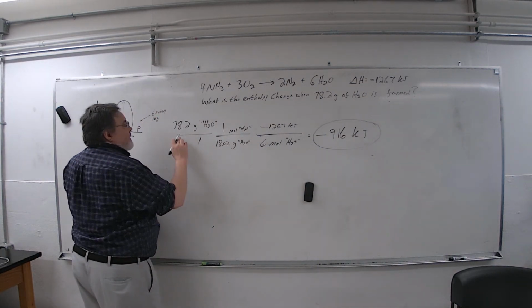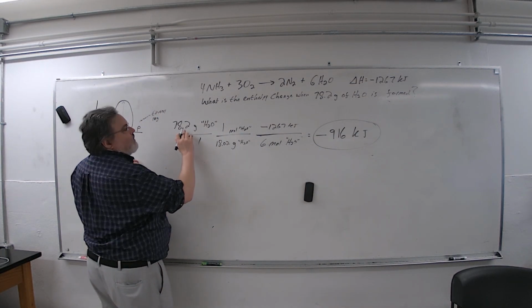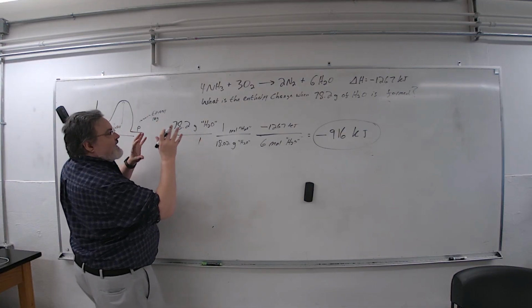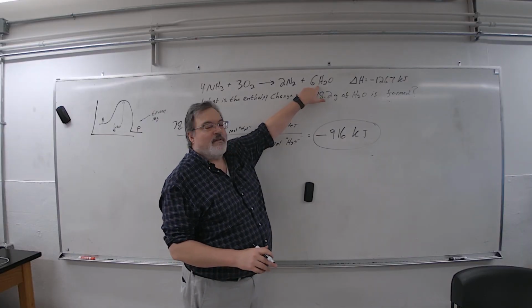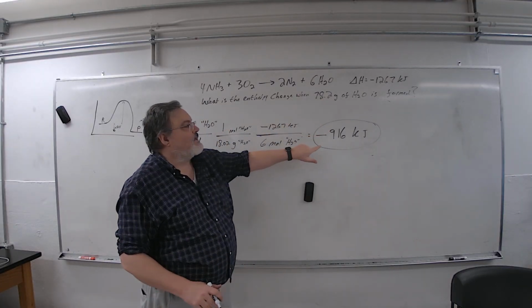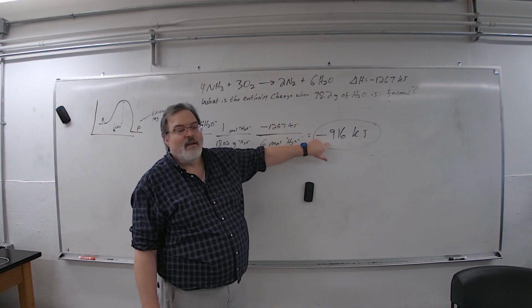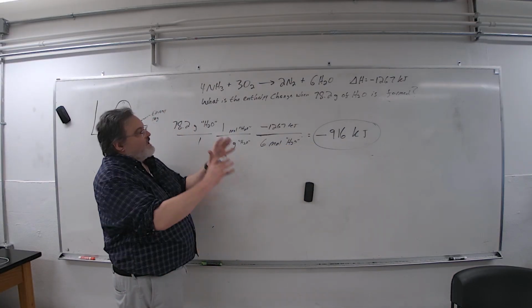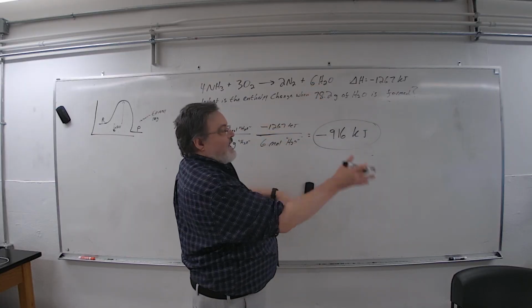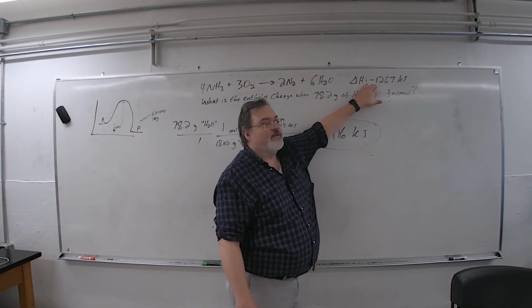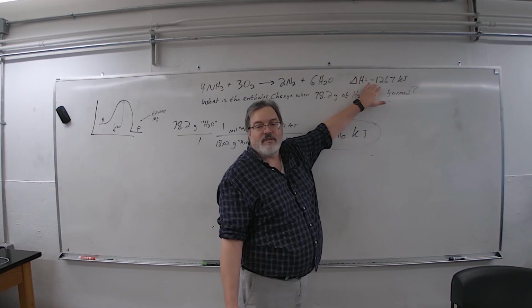But if you do the reaction such that you get 78.2 grams of H2O, that's how much heat will come out. So if you did it just right, where you produced 6 moles of H2O, I wouldn't have had to calculate anything. It would have been negative 1267.